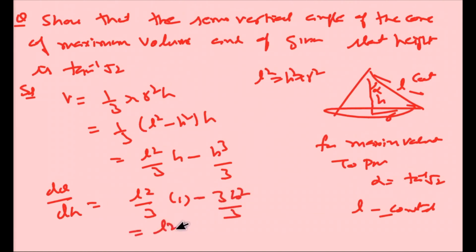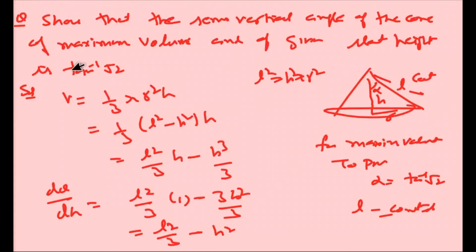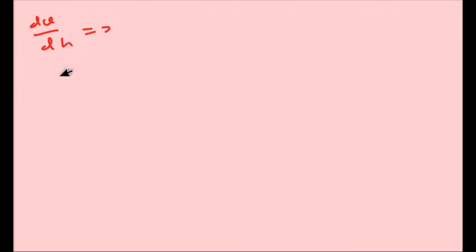So L square by 3 minus H square. Now dV by dH equal to 0. So L square by 3 minus H square equals 0. So we can find value of H, L upon root 3.